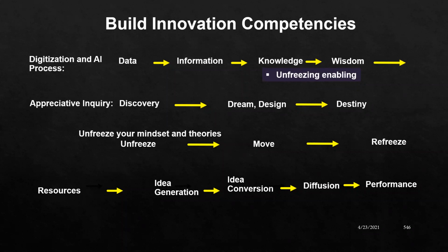And if you look at this from another angle, not this data-driven angle but the creative, appreciative inquiry angle, then we need innovation competency in the domain of discovery. And then moving on to the dream. Once we discover that there are certain gaps, we need to dream about it, and then we need to design based on our dream to realize our dream, and then eventually reach the destiny.